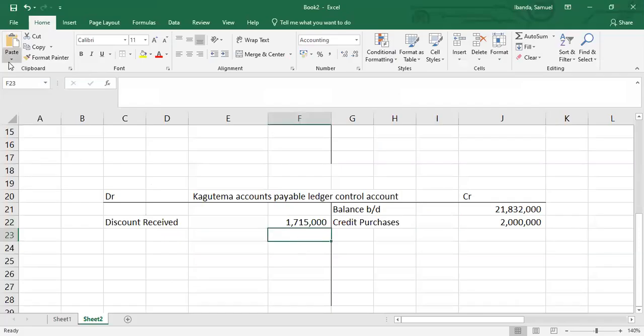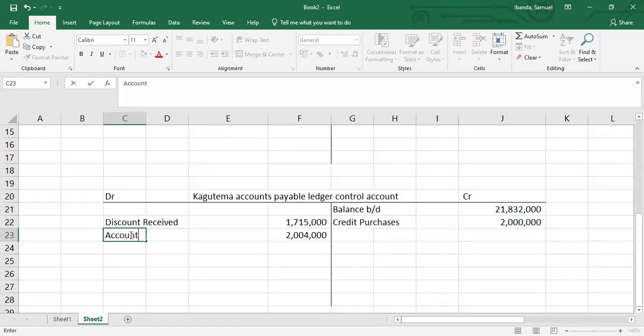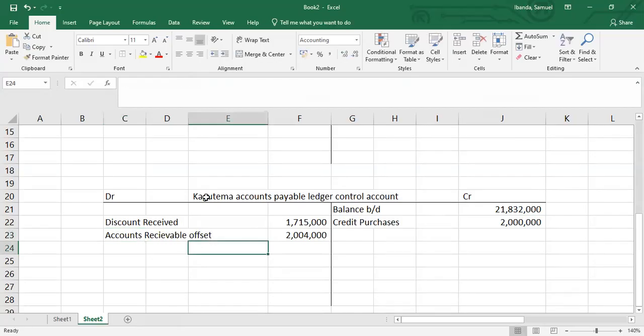So the offset should actually be here. This is the accounts receivable offset. So that is what we will basically do with that value.